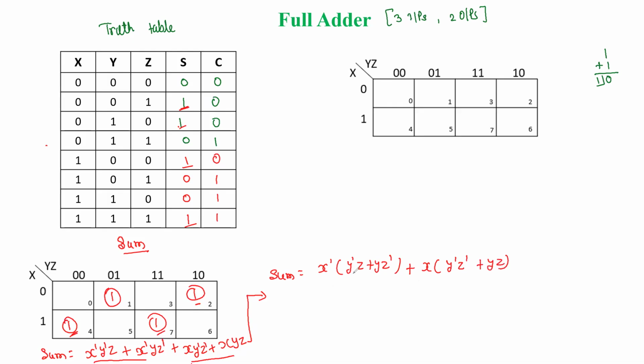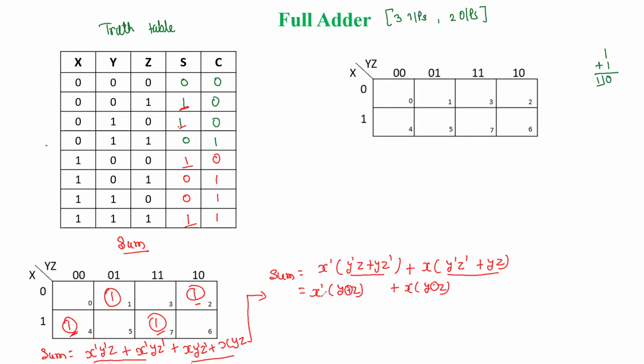So if you see, this is the XOR gate and this combination is the XNOR gate. So finally this one we can write as x dash (y XOR z) plus x into (y XNOR z).